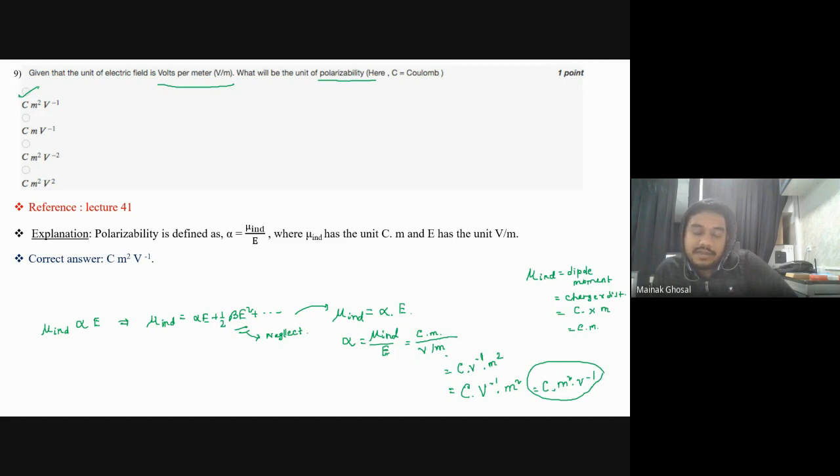Since it is a dipole moment, it will have the form of charge into distance. The charge I can designate as coulomb, and distance is designated as meter, so coulomb meter. And then electric field was designated as volt per meter. Okay, so I can make it coulomb meter square volt inverse. So this is your final answer for alpha. Okay.